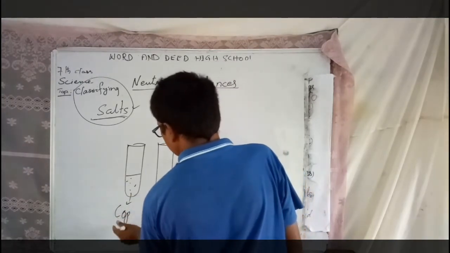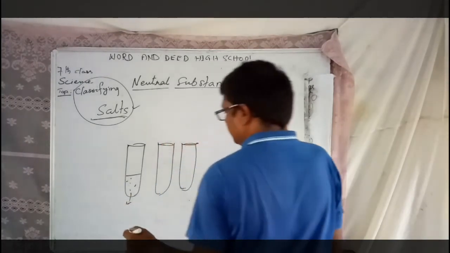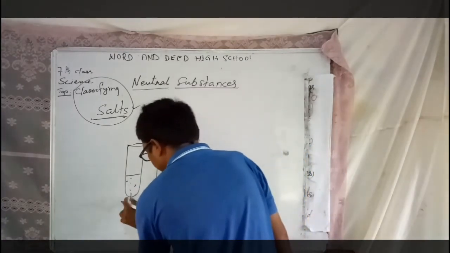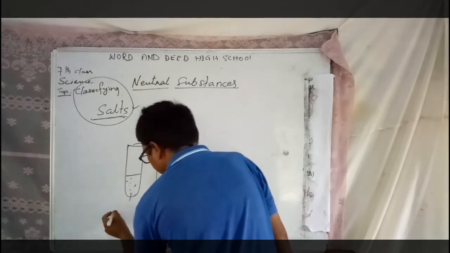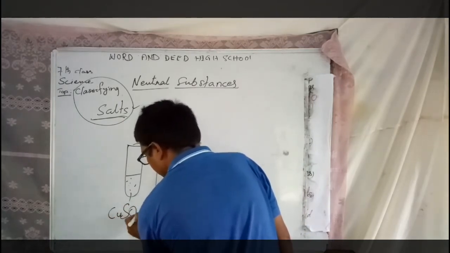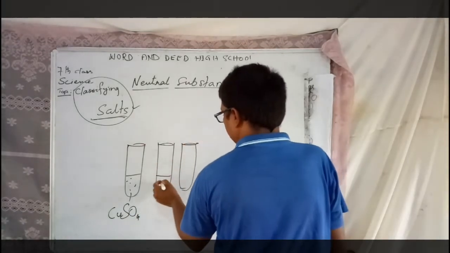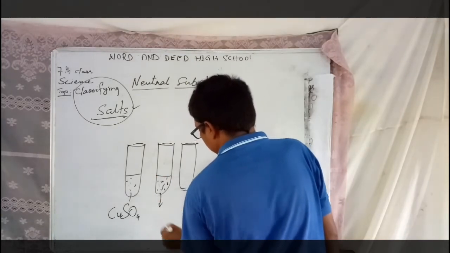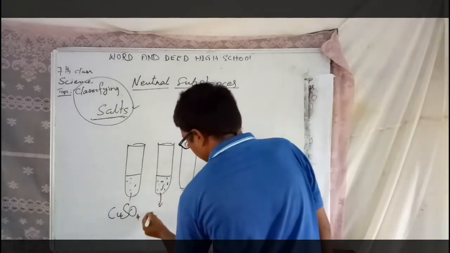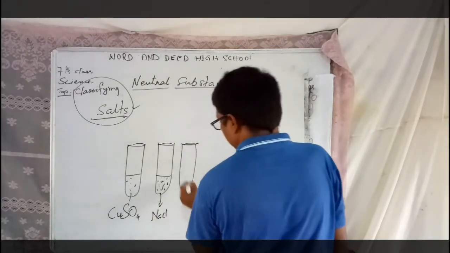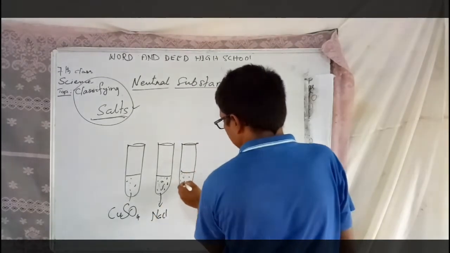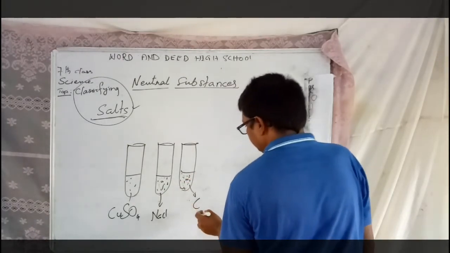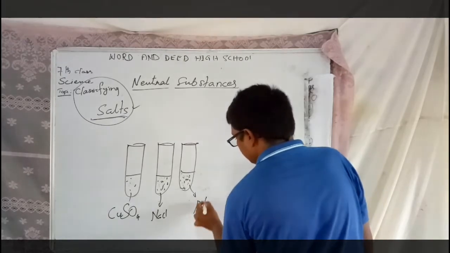Take copper sulfate here. I am just writing the formula, you don't get confused. I am writing the formula of copper sulfate here, CuSO4, and here you have to take common salt, sodium chloride, NaCl, and here you have to take sodium carbonate.